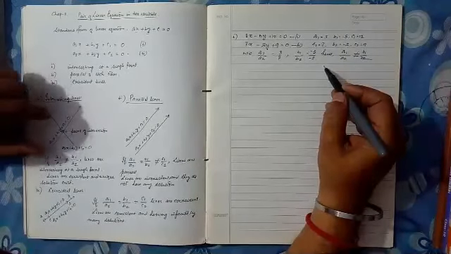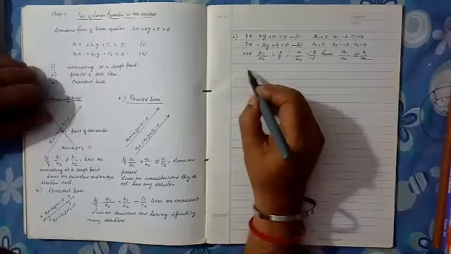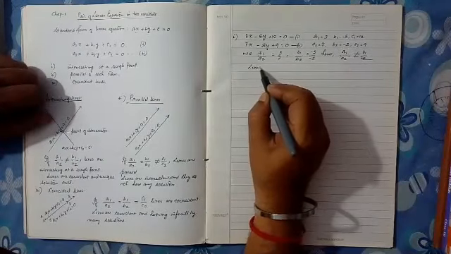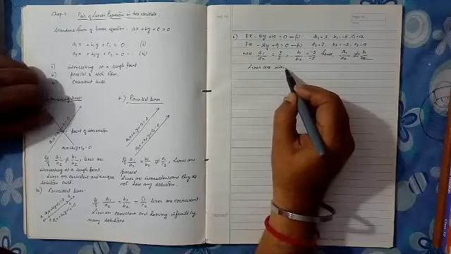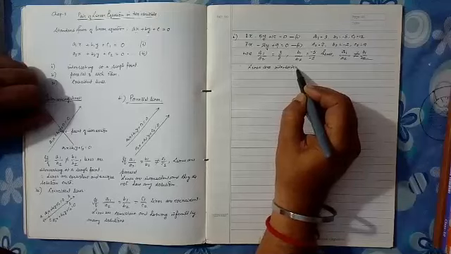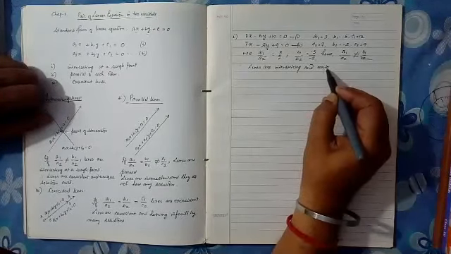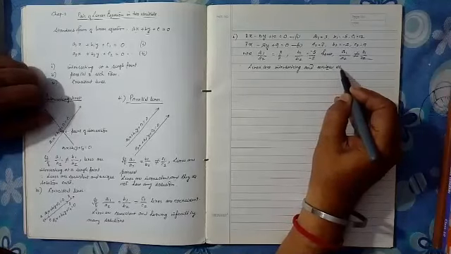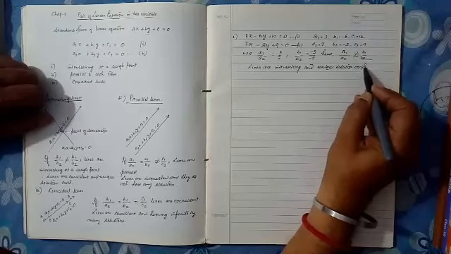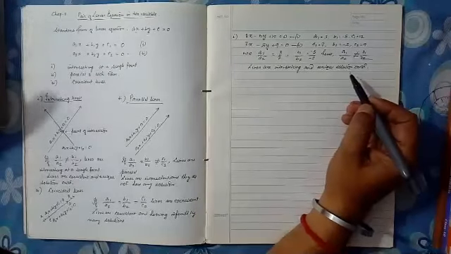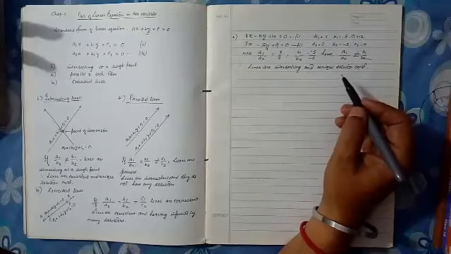Therefore, lines are intersecting and a unique solution exists. Now for the solution we will use different methods to find out the values of x and y.